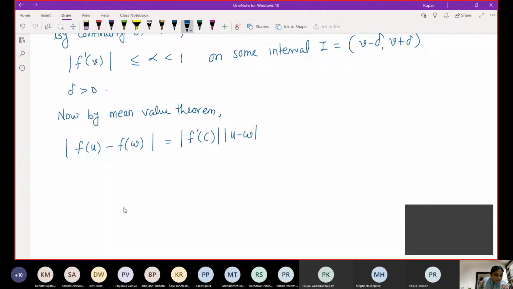Means there exists some c in that interval I such that this holds. But mod of f dash of c is less than or equal to alpha. So I will get it is less than or equal to alpha times mod of u minus w if u, w belong to interval I. Is that okay? Yes, ma'am.